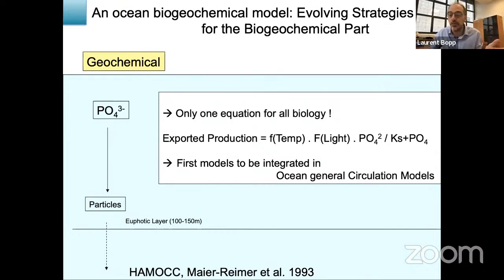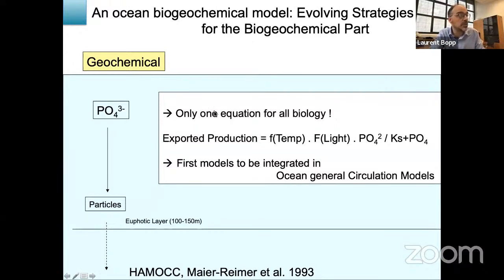I have here a few slides that probably Olivier already showed or discussed, which describe the evolution of the marine biogeochemical components that were used in climate models. So at the start, end of the 90s or start of the 2000s, the models used in climate models were very, very simple biogeochemical models. We could call them just geochemical models.